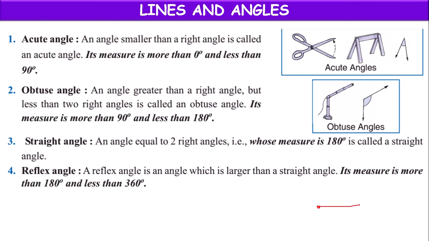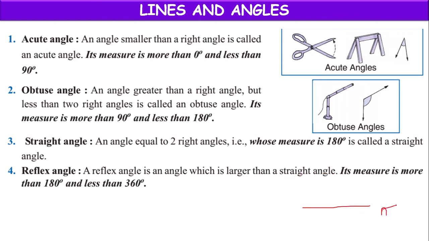If this OA ray rotates up to half rotation, we will be having 180 degrees straight angle. Before half rotation, we can have obtuse angle, right angle, acute angle.